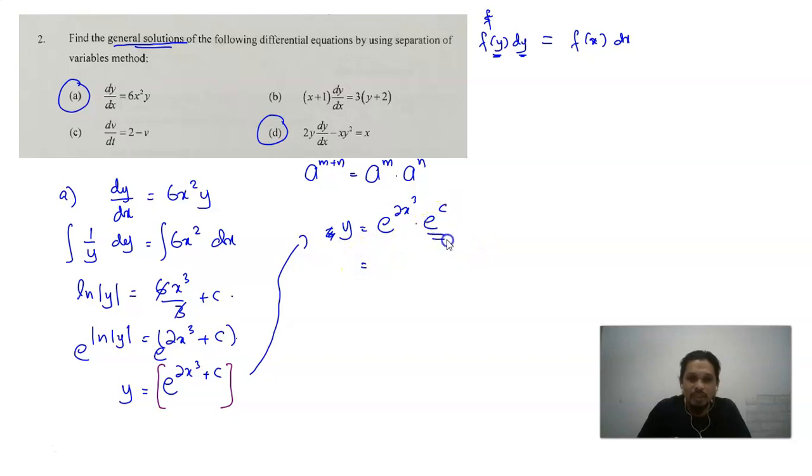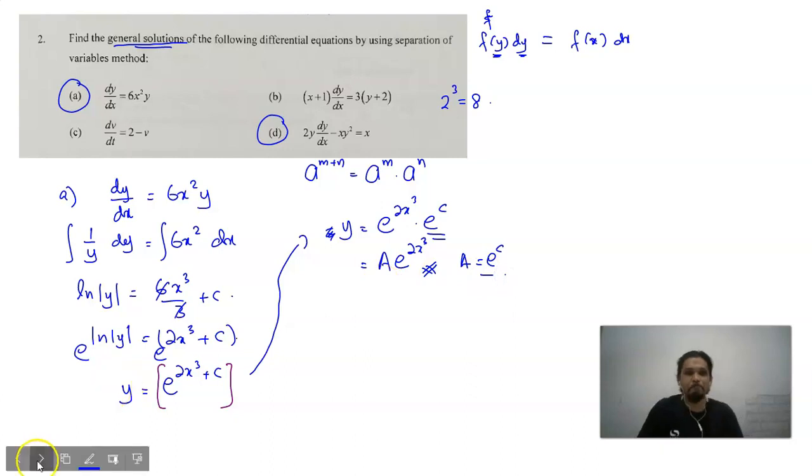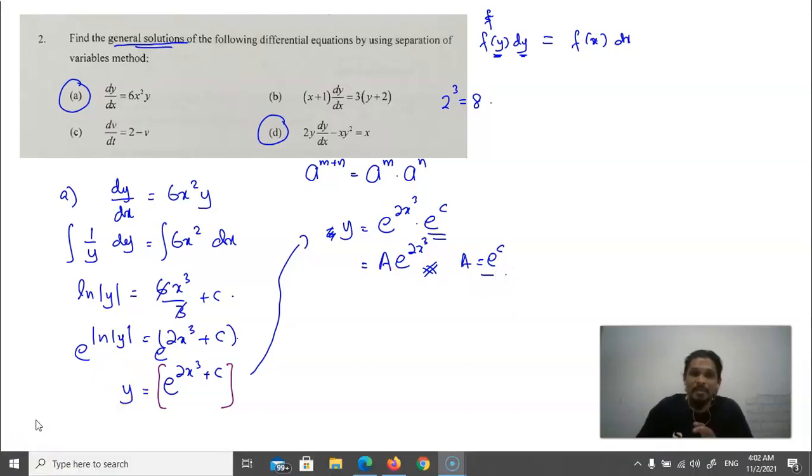Here, e is a constant and c is also a constant. It's just like 2 to the power of 3, two constant numbers and a power of constant numbers, so we can simplify it as one constant, which is 8. So for this one, let's make it y equals a e to the power of 2x cubed, where a equals e to the power of c. Okay, so that is the first one.